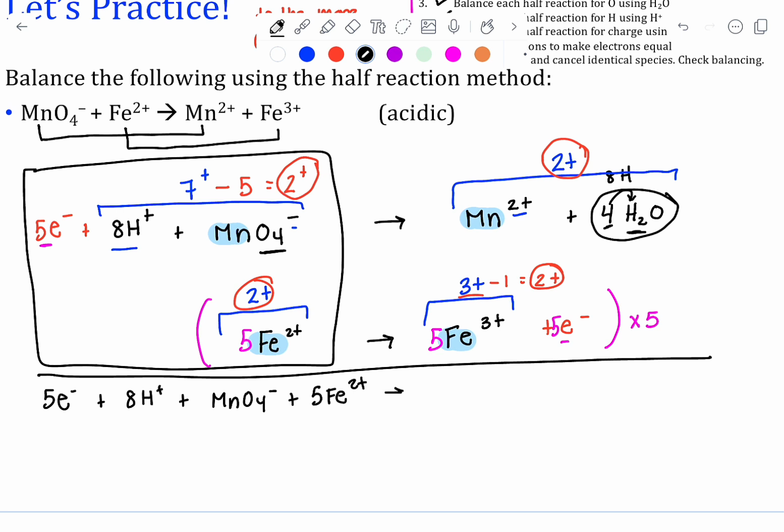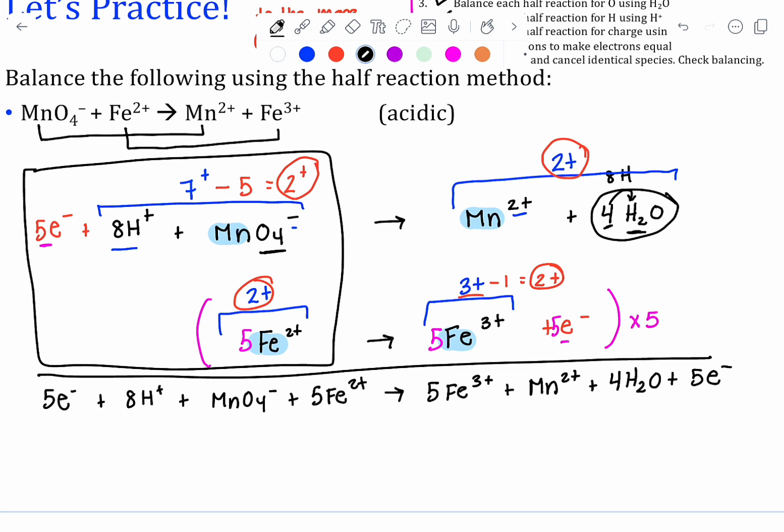On the product side, I then have 5 iron, 3 plus, plus Mn2 plus 4 H2O, plus 5 electrons. It doesn't matter the order that you put these in, okay? You can put them in any order as long as they're on the right side, okay, and have the right coefficients out in front of them. Whatever order you choose is fine to put in.